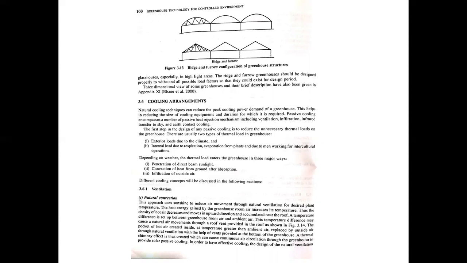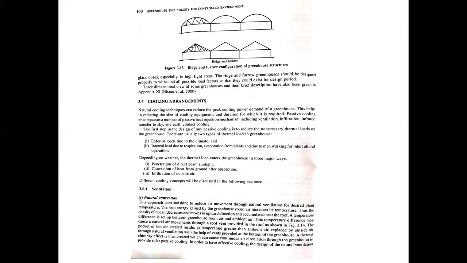Then third is infiltration of outside air, that is, there is no filtration or obstruction of the air, or there should be a restriction on the type of air allowed to enter the greenhouse. So that is the infiltration of outside air.